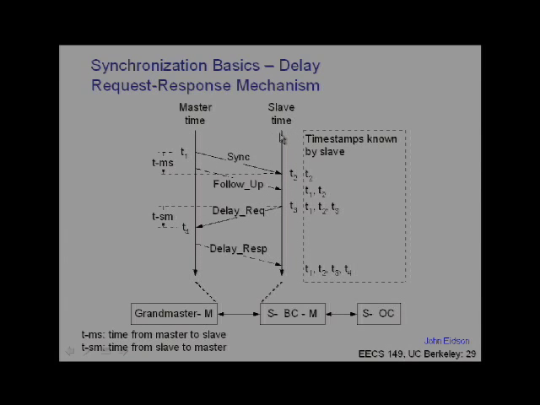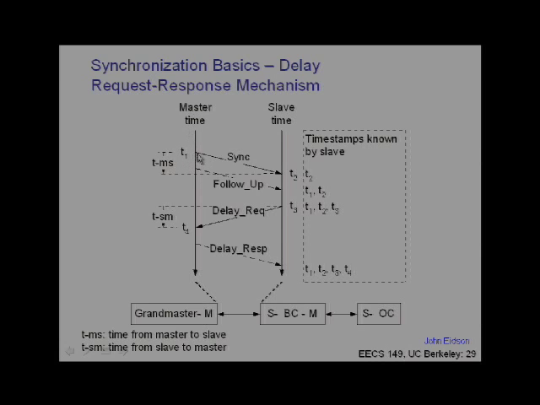So what happens is first the master sends a message. So at time t1, according to the master's clock, the master thinks it's time t1. At time t1, the master sends a sync message to the slave. The slave receives this at time t2 on the slave's clock.